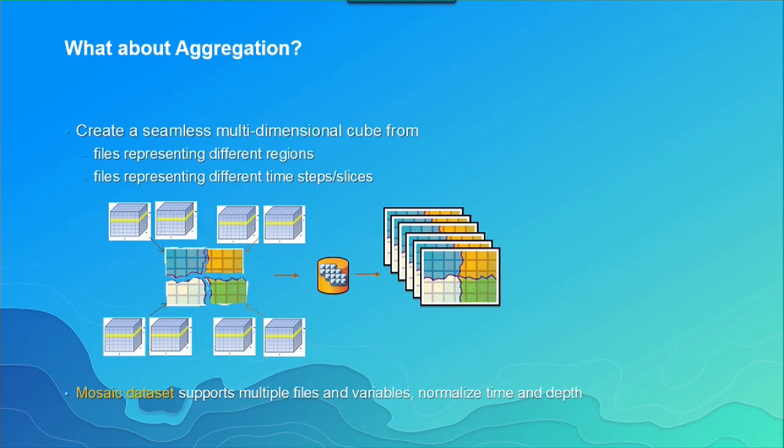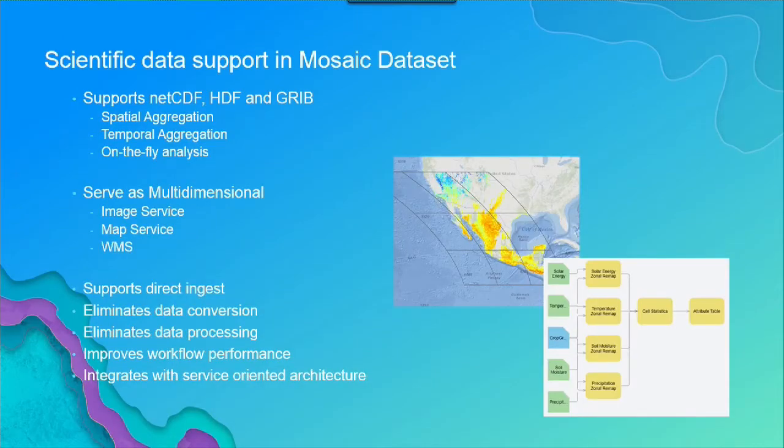So to solve that problem, we said, you know what? We can do that if you put it in a mosaic dataset, because mosaic dataset already had that capability with raster. So we enabled mosaic to support this format. Now if you put it there, you can see it as a cube, a hypercube, right? But the moment we did it, we also unleashed other power, because mosaic dataset had a lot of other functionality that we were using for regular raster.